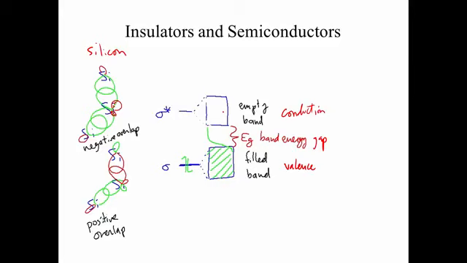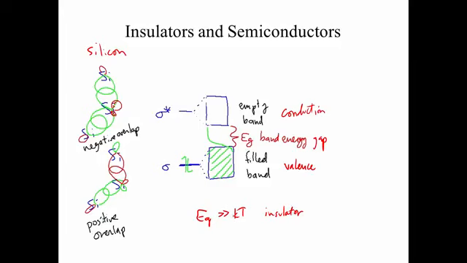So this gap is smaller for silicon than for carbon in the same diamond lattice structure, and so we can distinguish between an insulator and a semiconductor by looking at this energy gap. If the energy gap is greater than the thermal energy at room temperature, then it's an insulator.